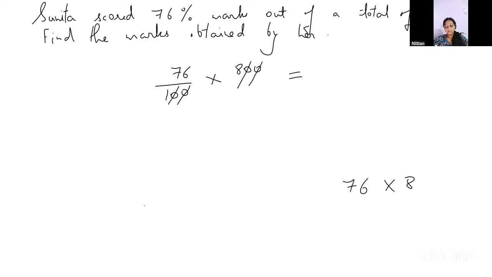Ma'am, 602. Do again. What is 8 times 6, Joshua? 42. No, it's not 42. In your mind, say the table of 8 from the starting.